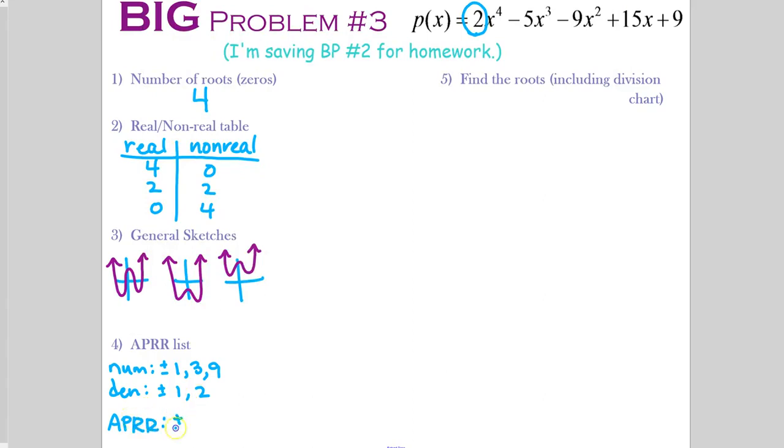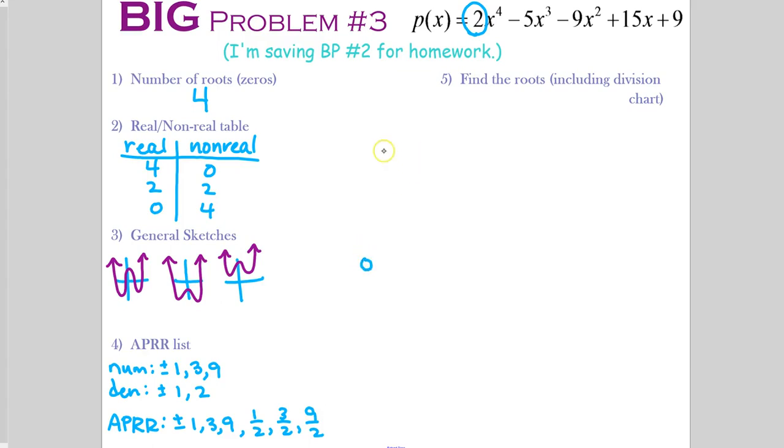And we have, let's put them all over 1 first, plus or minus 1, 3, and 9. Those are over 1. 1 over 1, 3 over 1, 9 over 1. And then 1 over 2, 3 over 2, and 9 over 2. Okay, so there are 12 numbers in that list. Those are the only things that could be rational roots. Any other roots would have to be irrational or non-real.